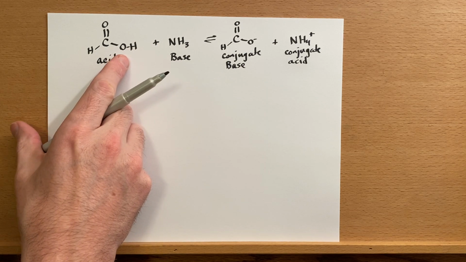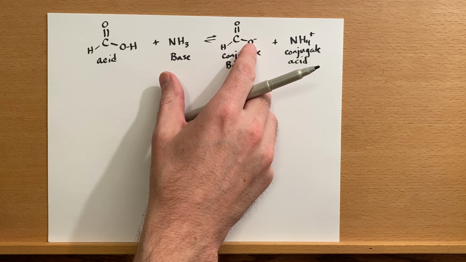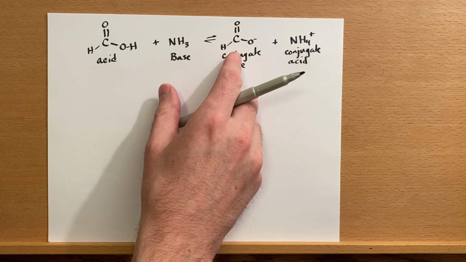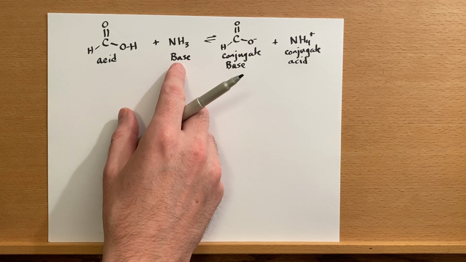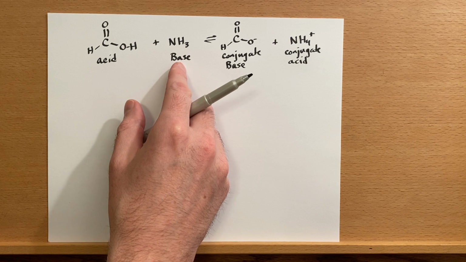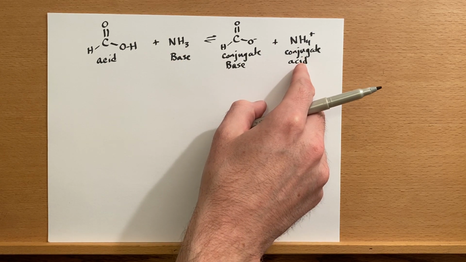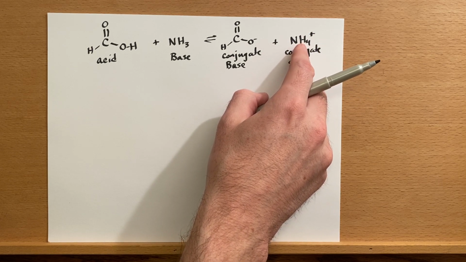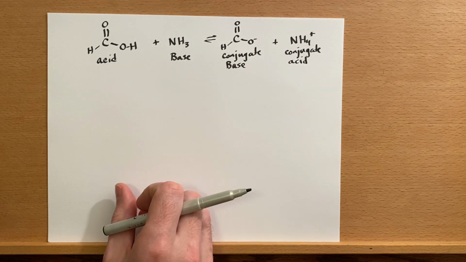We've gone from having the proton here and we lost it. So now we have a negatively charged molecule here because we lost an H plus in the conjugate base. And this base has picked up a proton to become the conjugate acid. And that is now NH4 plus. So one more proton. And since protons are positively charged, it has a positive charge on it.